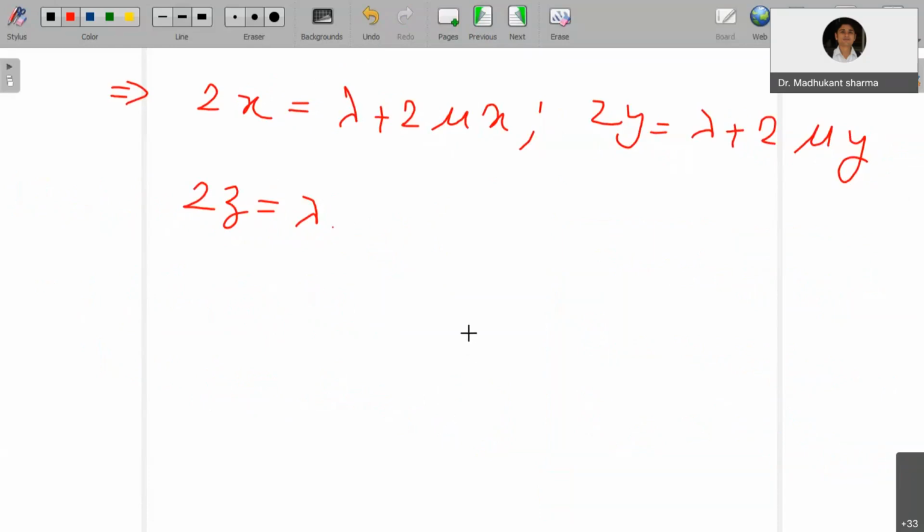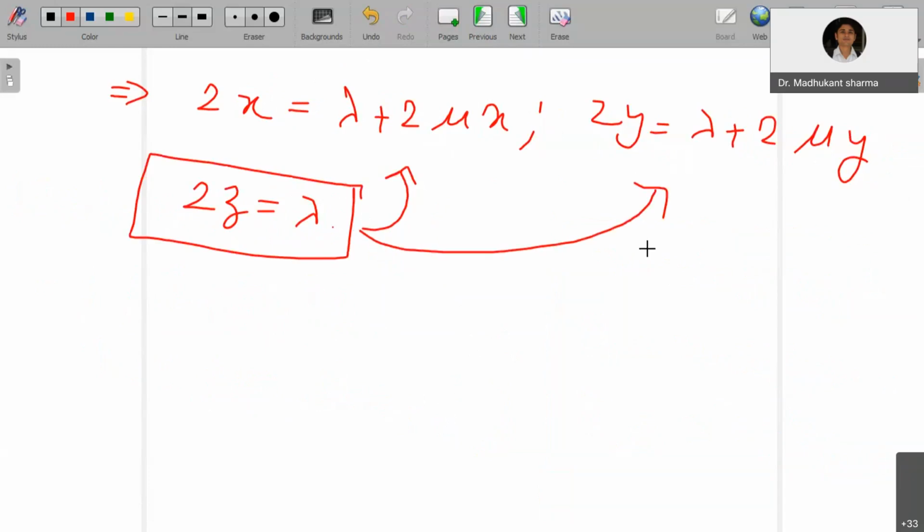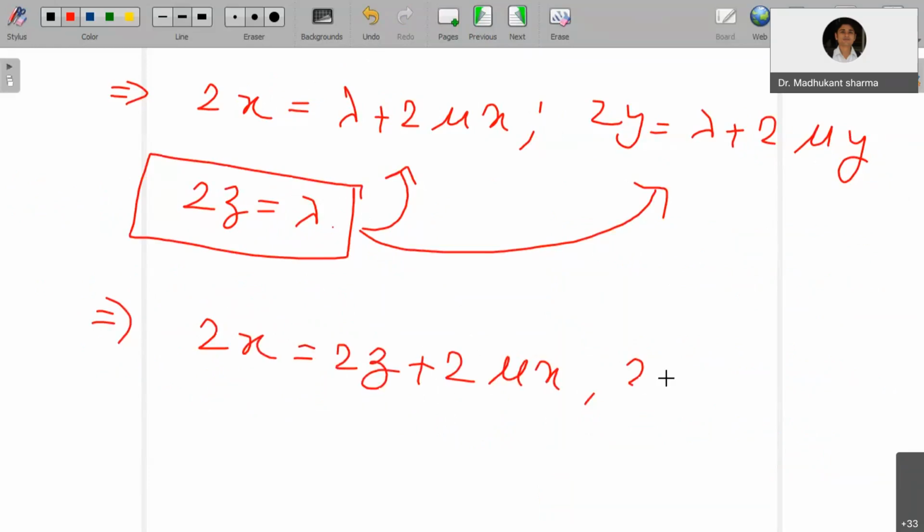Now let's use 2z equals lambda. If you use 2z equals lambda in the first two, what you will observe is 2x equals 2z plus 2 mu x, and 2y equals 2z plus 2 mu y.